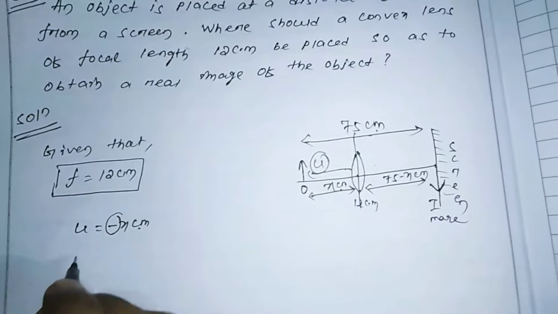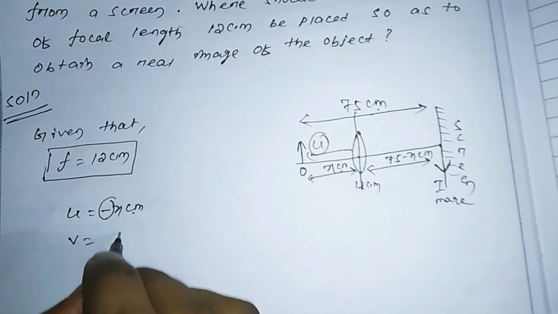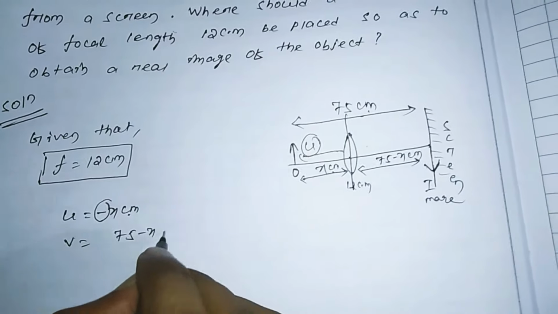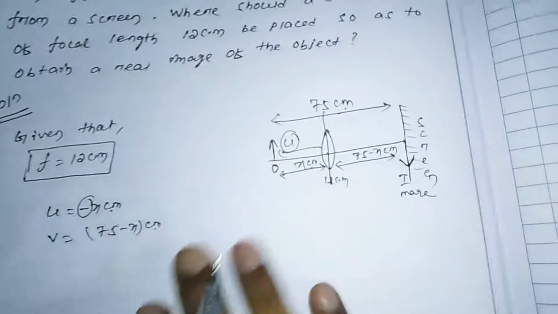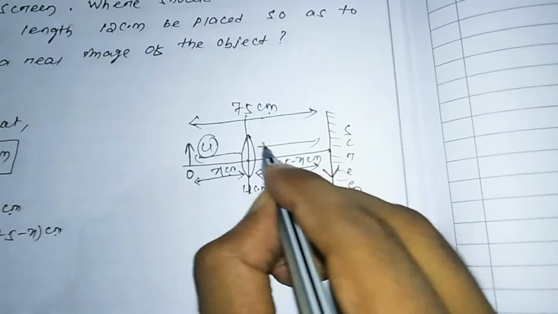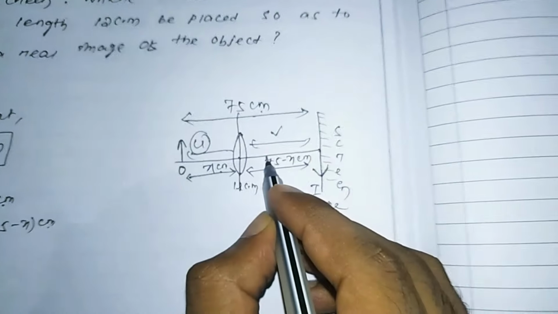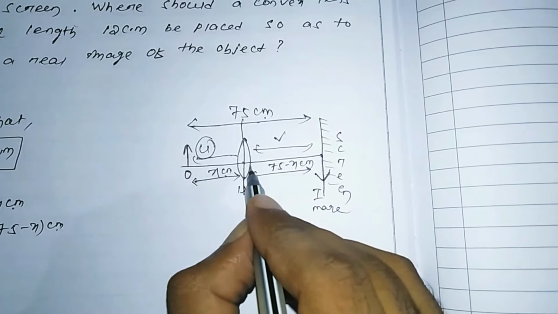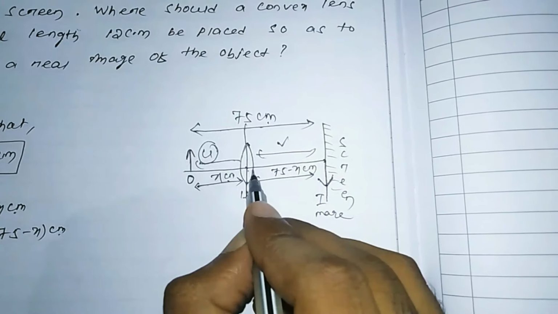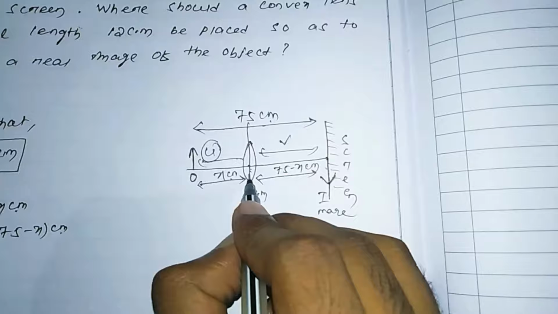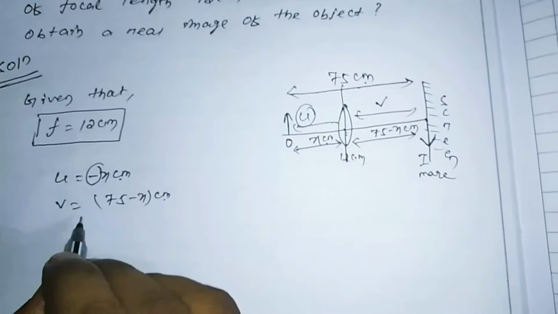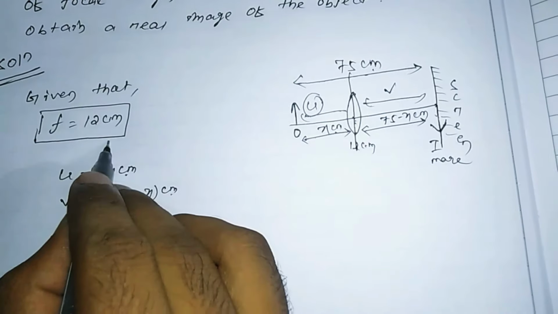And v is equal to 75 minus x centimeter, because this is our image distance, from the lens to the screen. The focal length is given here.